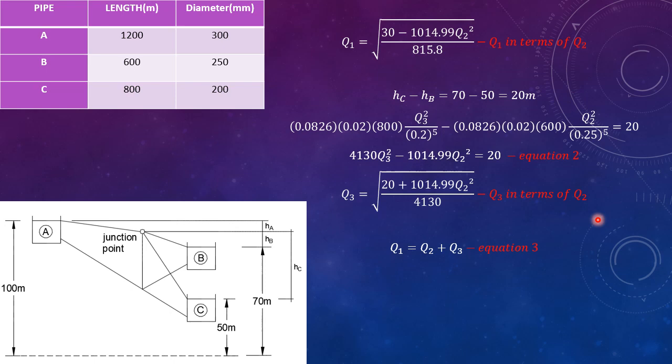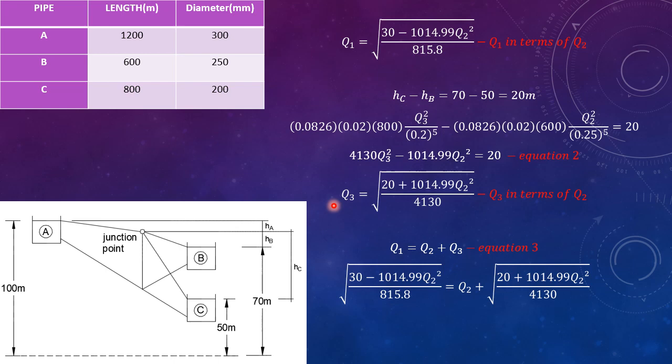So what we're going to do is substitute in equation 3 Q1 in terms of Q2 and Q3 in terms of Q2. So this will be the result. You can see that in this equation there is only one unknown, and that is Q2. Therefore, we can solve for Q2, and Q2 is equal to 0.0852 cubic meter per second.